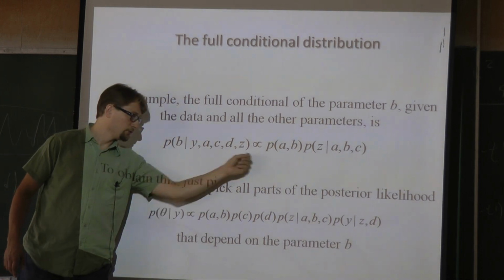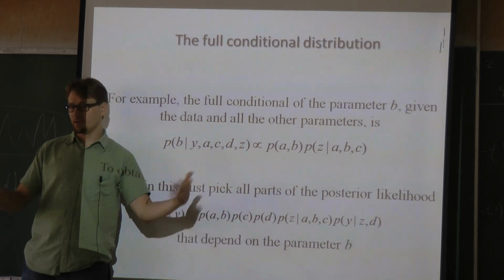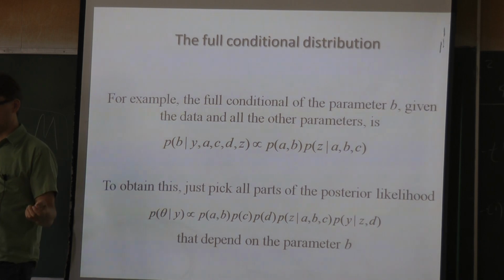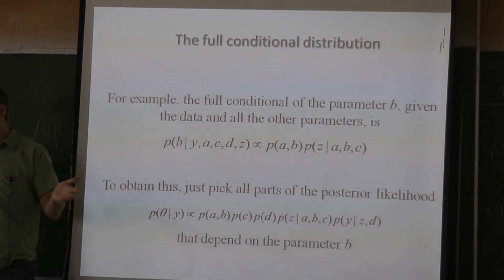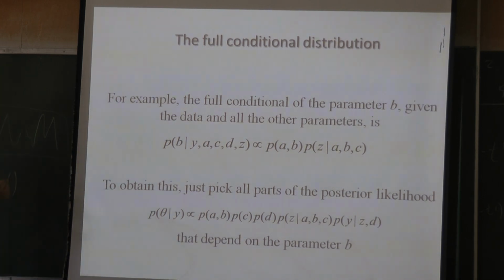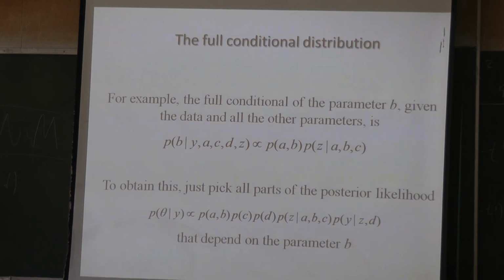So if you would know not only the data, but if you would know, let's say, the true values of all the other parameters or some values of all the other parameters, in that case, what would be the probability distribution for B? This is the full conditional distribution of the parameter B, given the data and all the other parameters. Okay? This is just the definition. Later you will see why this is useful, but this is just the definition.